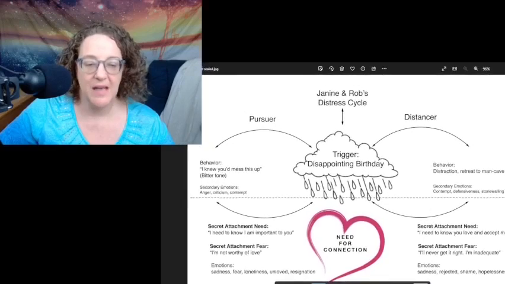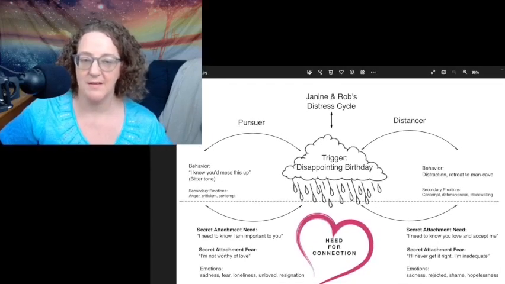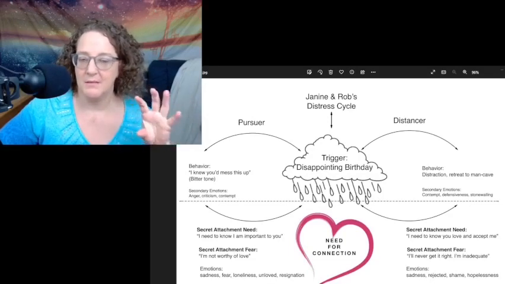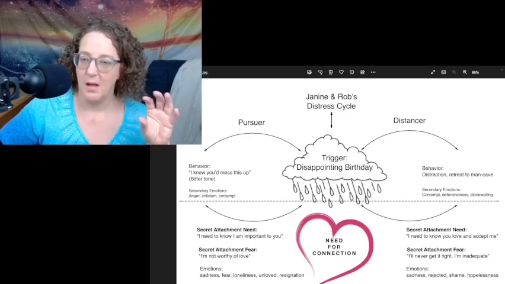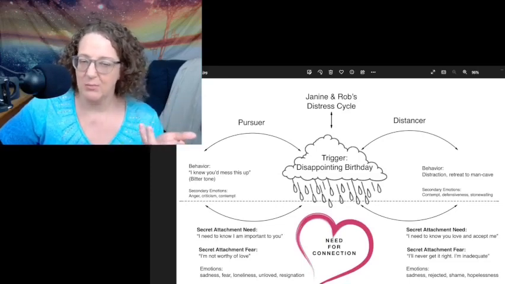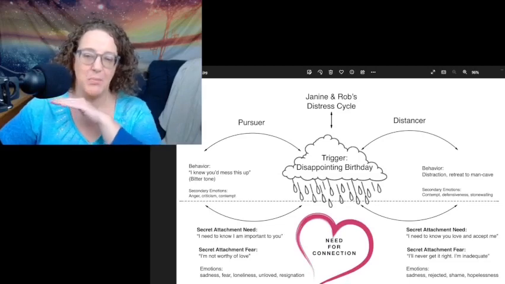And she mapped out Janine and Rob's distress cycle. She put in the middle of this that there was a trigger, which was some level of disappointment about a birthday. That's just placed there. It doesn't necessarily belong there, but it is the content. And you'll notice the content is above the line.